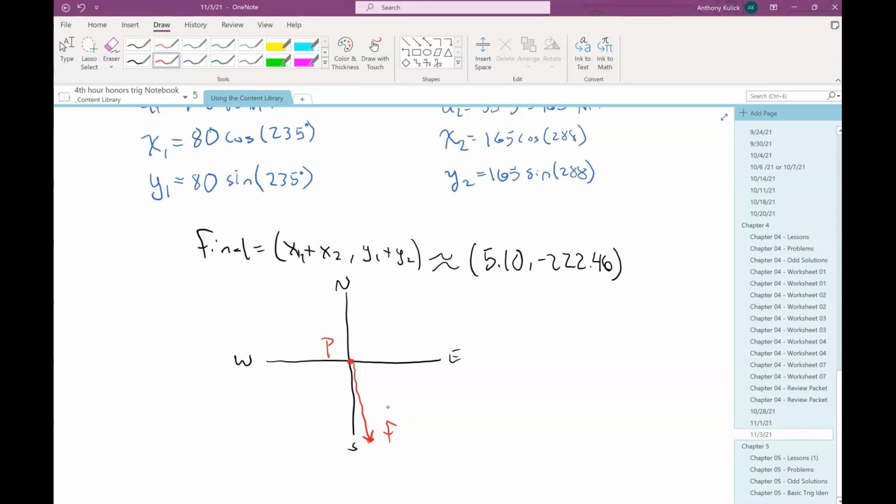So my distance is going to be just the length from P to F, right? How far the boat is from the port is just the distance from P to F. In geometry, how do we calculate the distance between 2 points? The distance formula, okay?